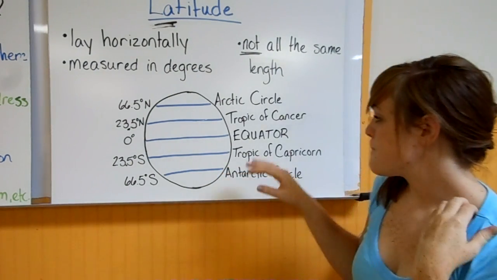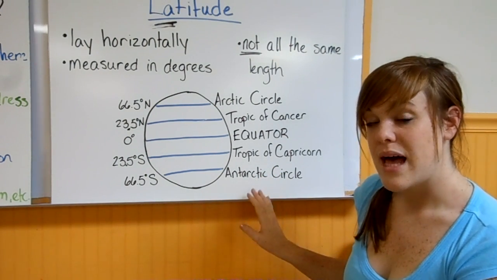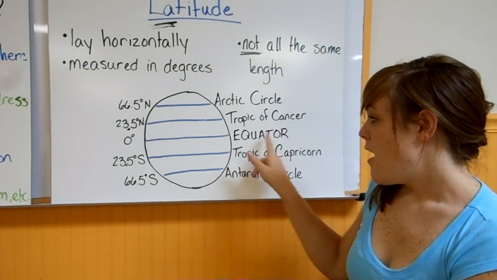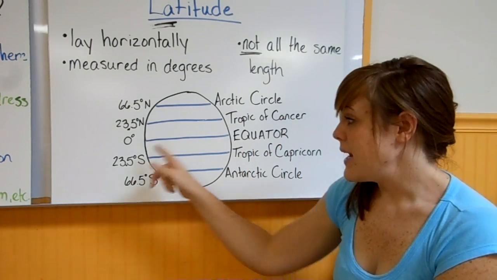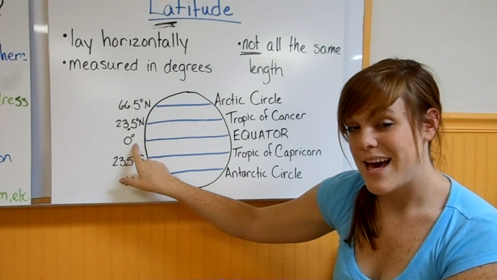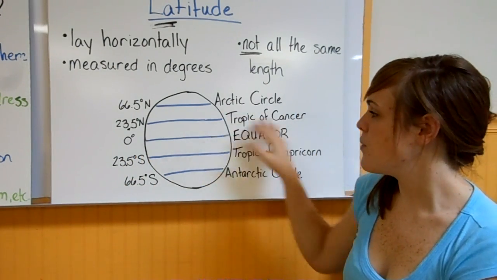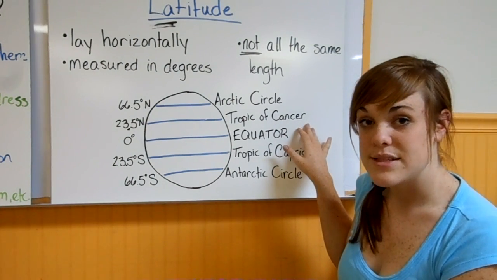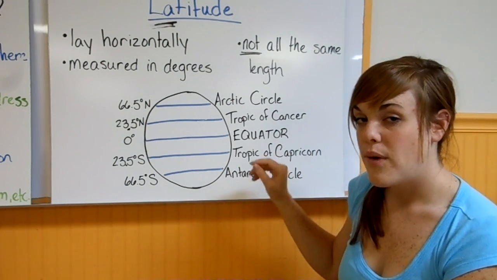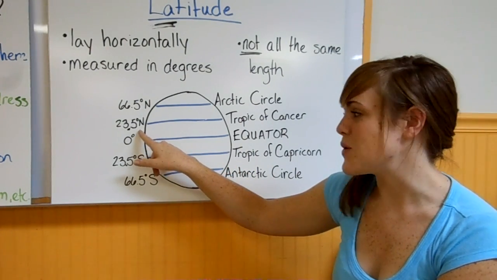Okay? These are the 5 most important lines of latitude. Obviously, the equator is right in the middle. It is what we call 0 degrees latitude. And then if we go north, we have the Tropic of Cancer, which is at 23.5 degrees north.